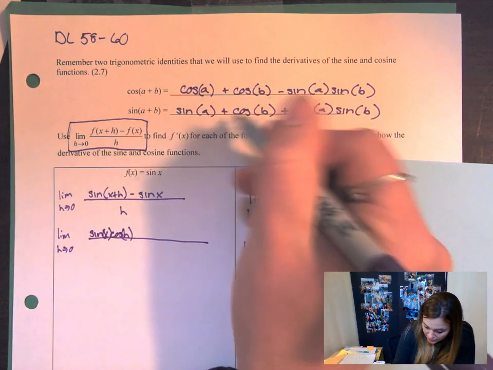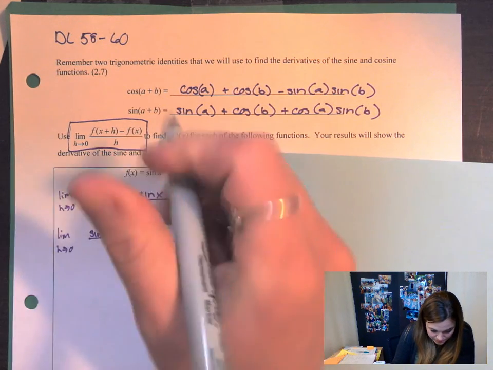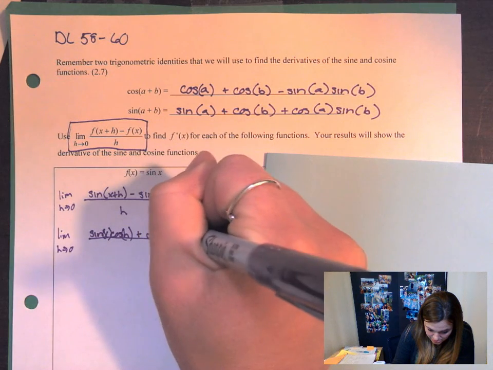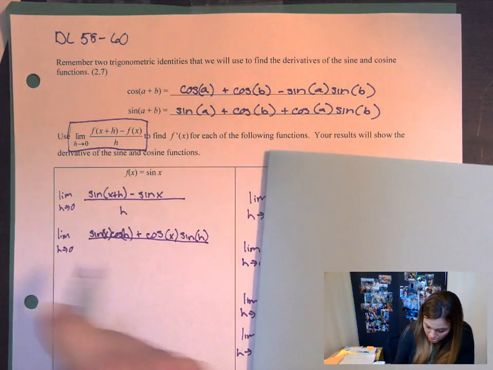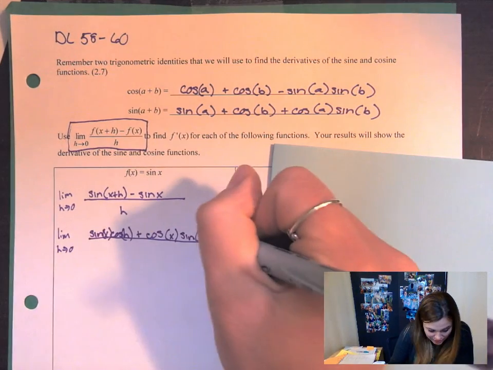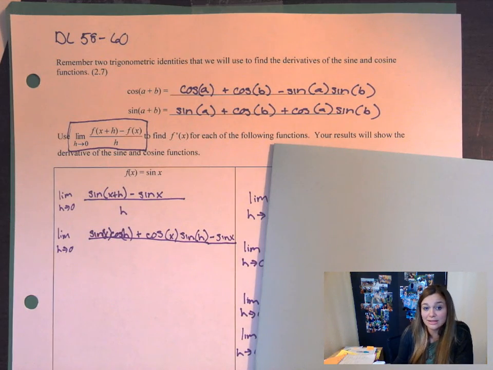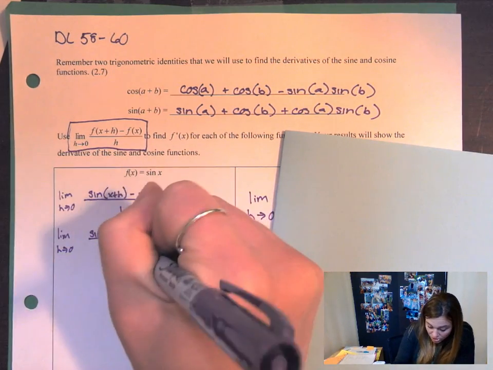And then that was like x and h plus cosine of x sine of h. Okay, so that's all from this mess. And then I would have minus sine of x. Whew, you're going to gain so many friends if they watch you do this. Sine of x all over h.